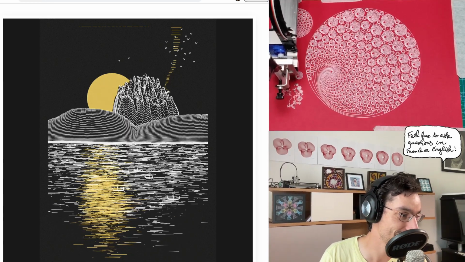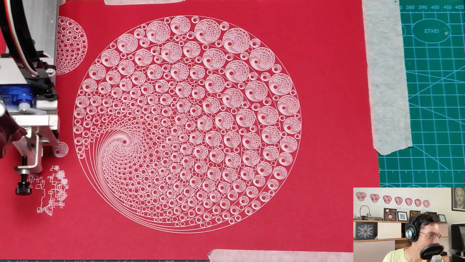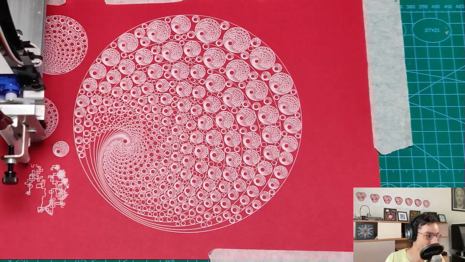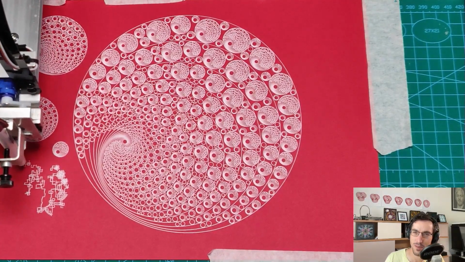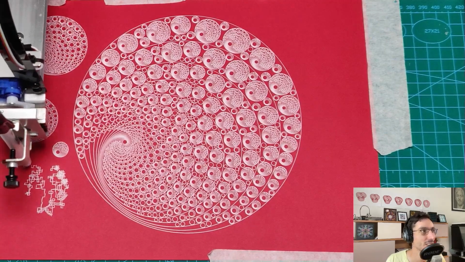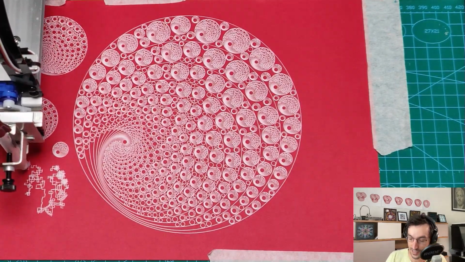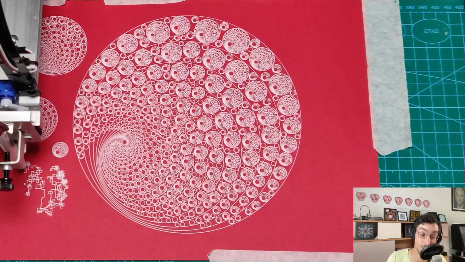Sometimes it could be like this, and it's nice. You get a weird exploration of the pen here. But at the end, it's just going to be a bunch of plus shapes, I think. I don't remember. Anyway, it's gonna be fun. So yeah, that's gonna be plottable.